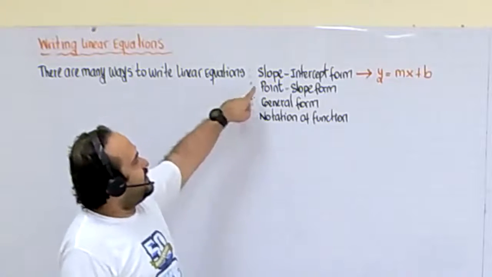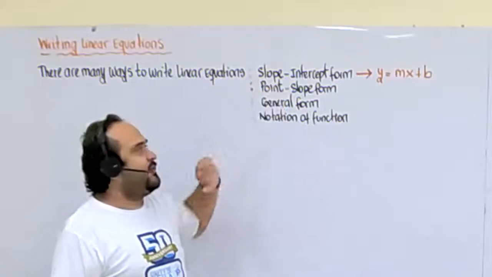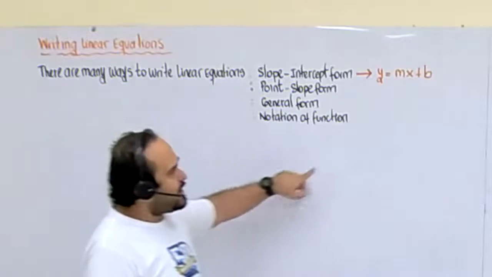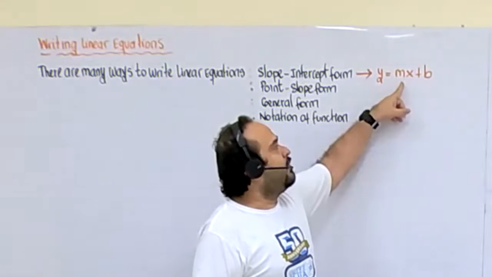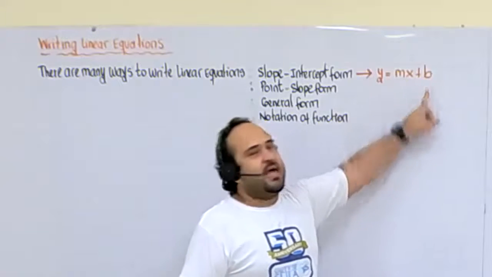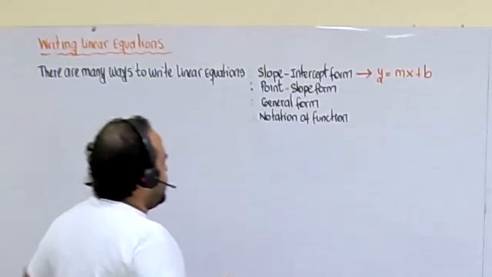So this is the slope intercept form. That means every time we have an equation and we solve for y, the number which multiplies the letter x will always be the slope of the line. And the number that is added or subtracted is what we call the y-intercept.